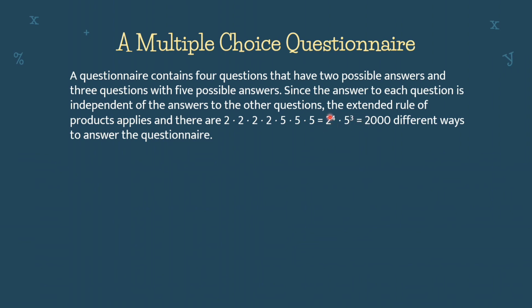And then, yung answer nito, i-multiply natin, which will be equal to 2,000 different ways to answer the questionnaire. So, yung pinaka-important lang talaga dito is observe lang talaga natin yung question and then analyze and then proceed tayo sa solution kung ano yung dapat.